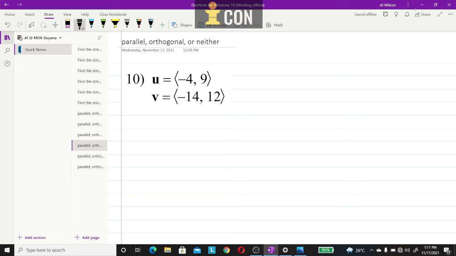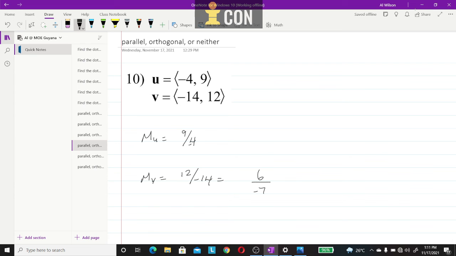Good. Moving on now to number 10, the magnitude of u is equal to 9 over negative 4, and the magnitude of v is equal to 12 over minus 14, which is equal to 6 over minus 7. This is another area that I would hope people would respond to. Notice how I switched up my division component here.